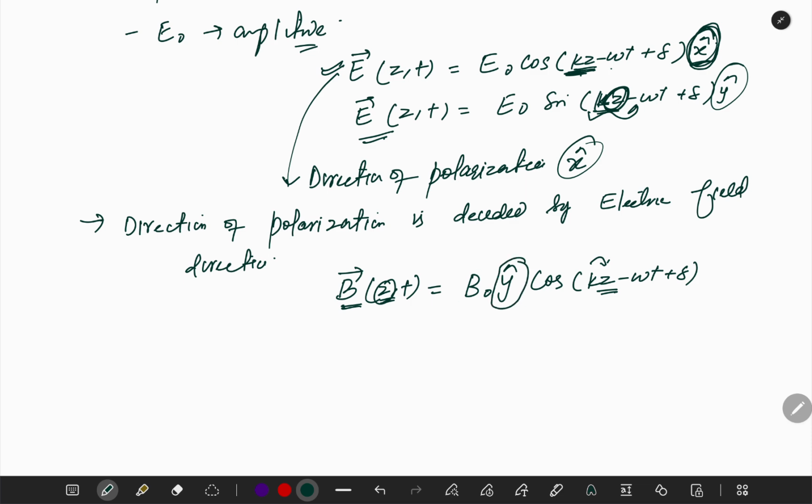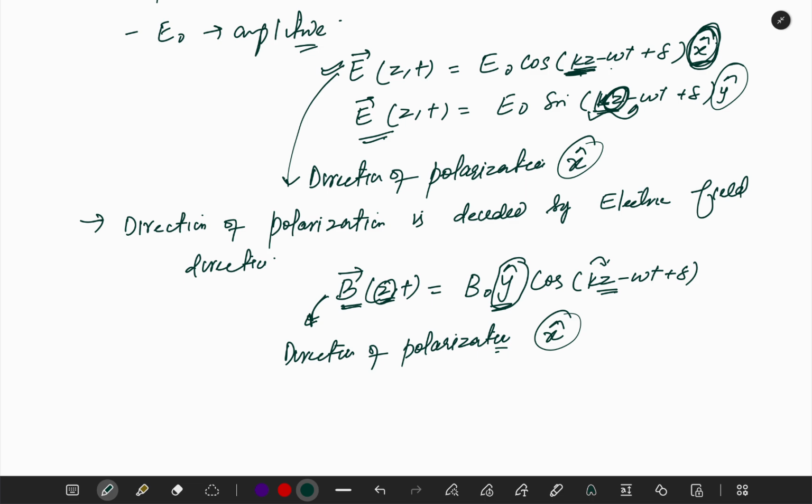We don't say the polarization is along the y axis. If somebody asks you what is the direction of polarization in this equation, don't say it is y cap, but rather it is x cap, because the direction of polarization is solely decided by the electric field direction, the axis in which the electric field is varying or oscillating.